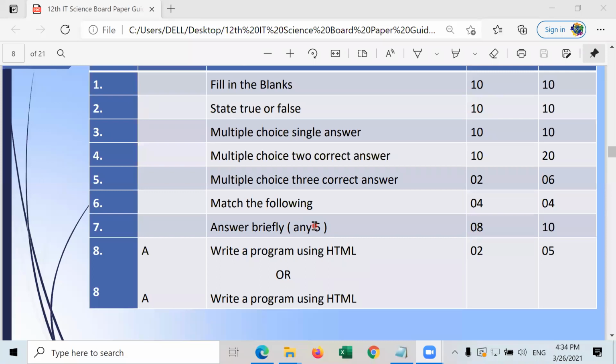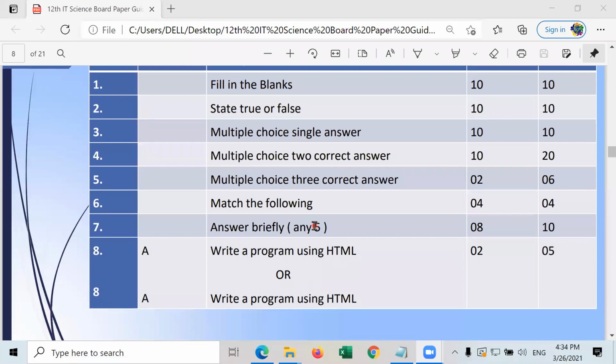I will take a sample question. Suppose the question is what is e-commerce. Now, in the first point, you can write that e-commerce is nothing but buying and selling of goods and services online. So that could be your first point. The second point you can write is that in e-commerce, whatever buying and selling takes place, that takes place online.